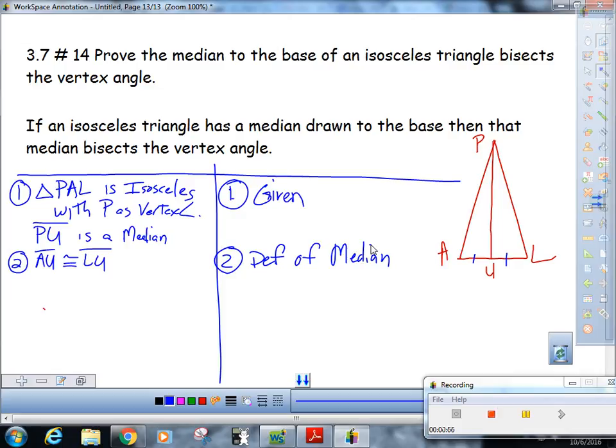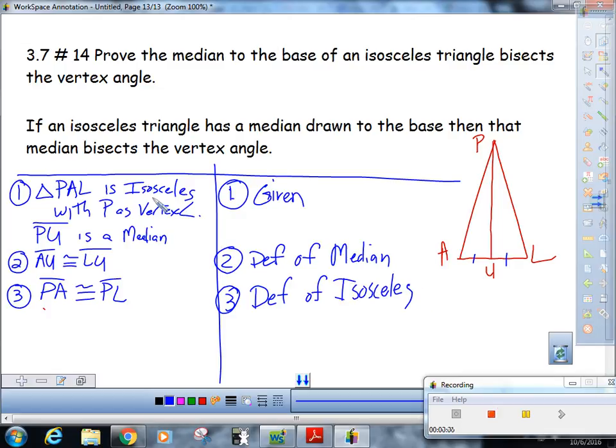Okay, now I'll say that PA is congruent to PL, and my reason for that is definition of isosceles. Notice I was given here that it was isosceles, so I can use that here. Okay?